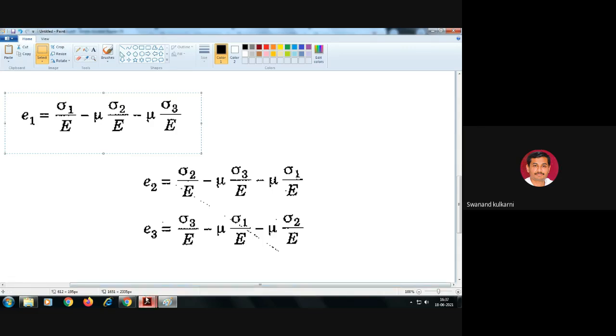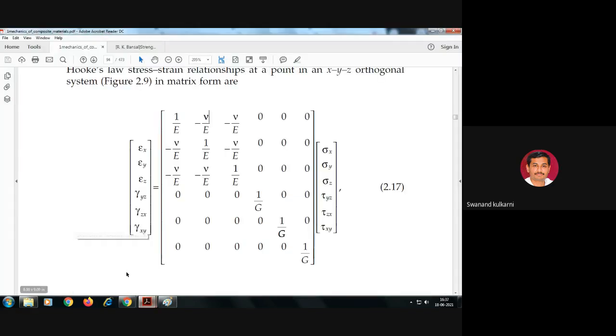Because in solid mechanics, we already studied the different strains. So what does sigma x represent? Sigma x represents the strain along the x-axis. Sigma y represents the strain along the y-axis.